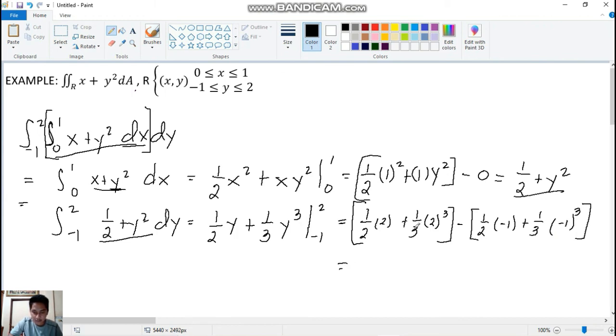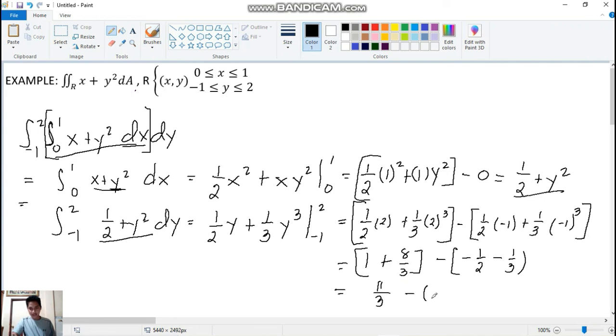So this equation becomes 1 plus 8 over 3, minus negative 1/2 minus 1/3. If we simplify further, 1 plus 8 over 3 is equal to 11 over 3, minus negative 5 over 6.